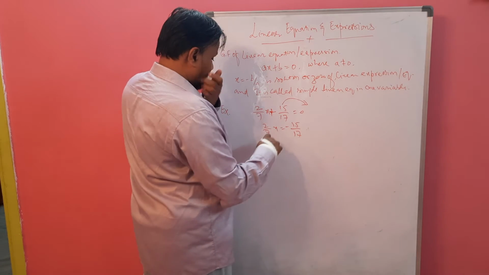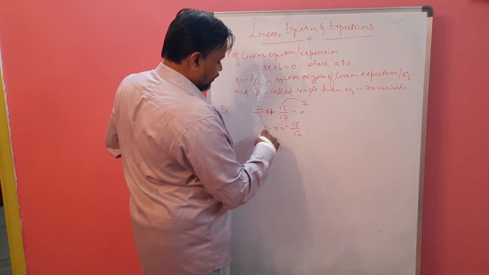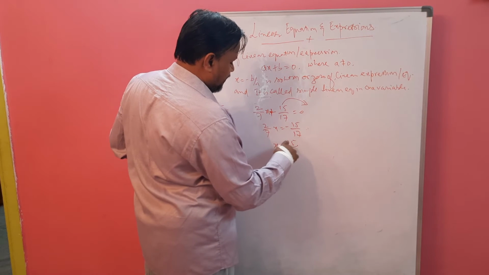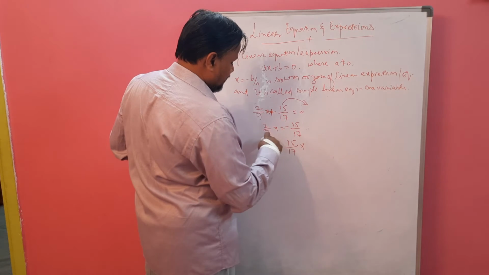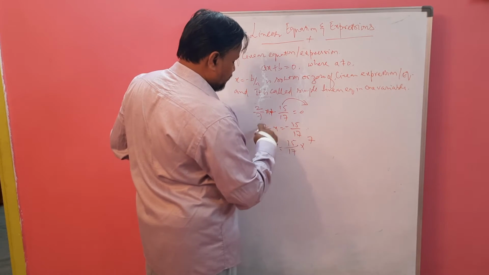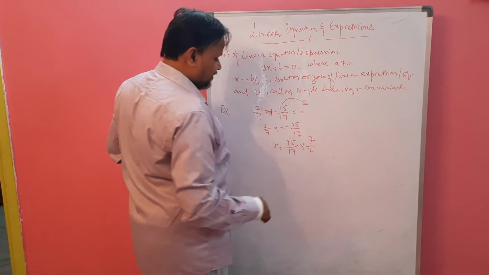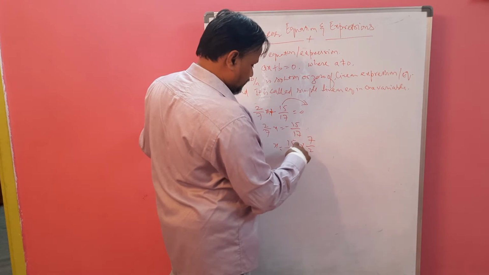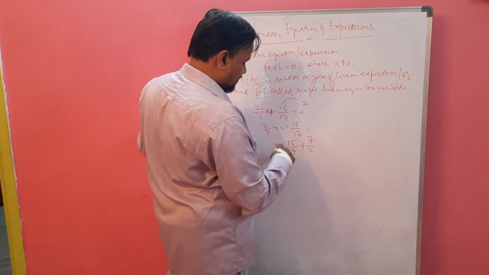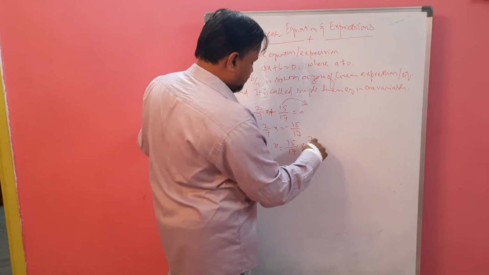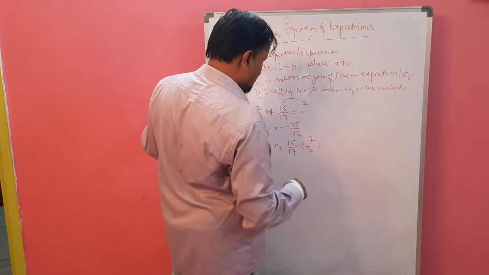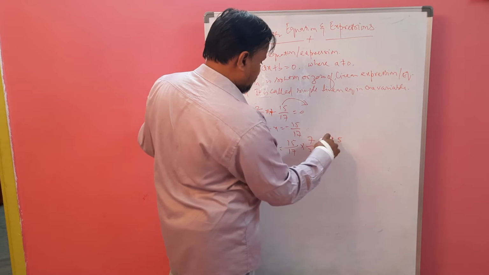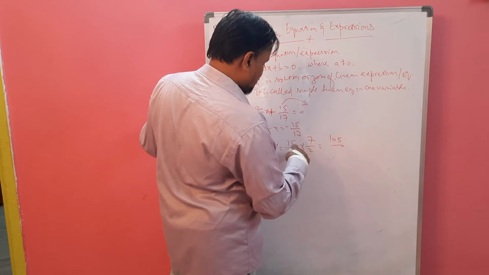Again this number to that side, x equal to, the denominator goes up, the numerator comes down. So this is 15 by 17 into 7 goes up, 2 comes down. If any number makes it cancel, no. 2 does not go with this, 7 does not either. So 15 sevens are 105. So x equals minus 105 by 34.